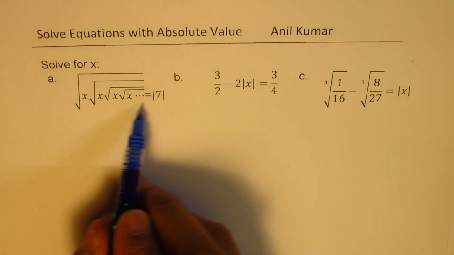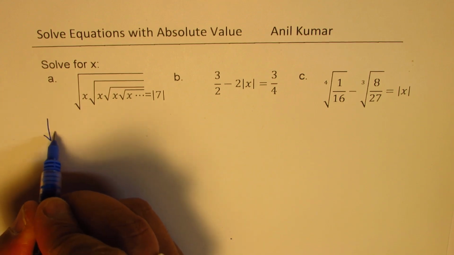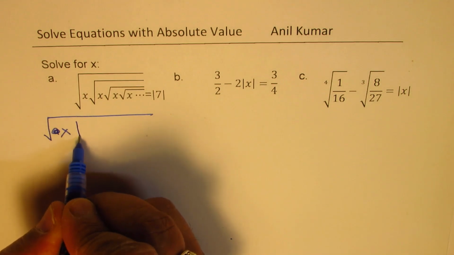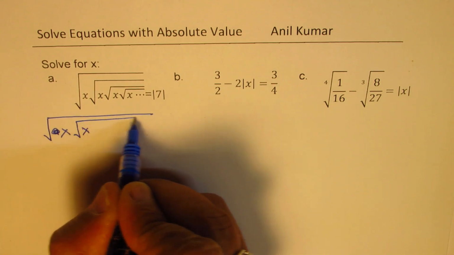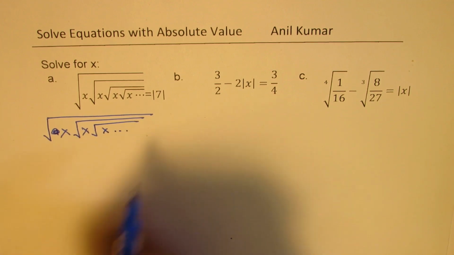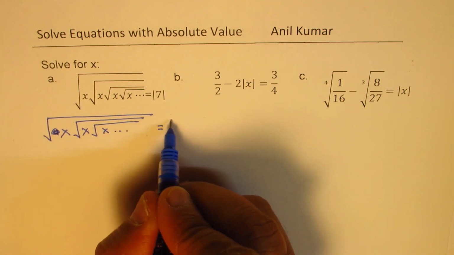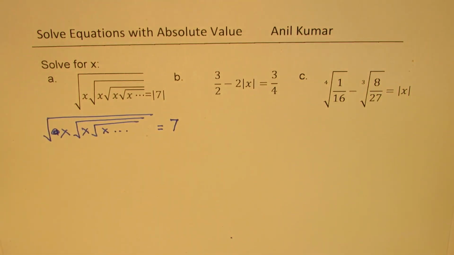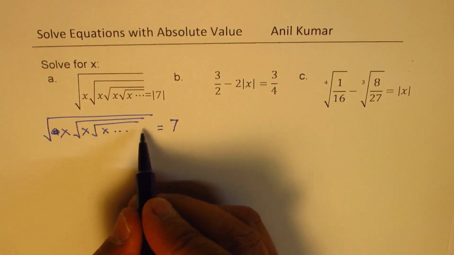We are given this infinite series, right? So basically it is square root of x, and within that square root, we have again square root of x. And then we have again square root of x. And this goes forever. All this is equal to absolute value of 7 is same as 7, right? So we'll write this as 7. Now think like this. This series goes forever.